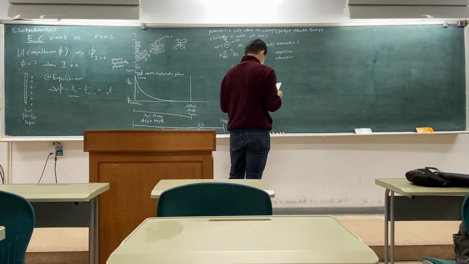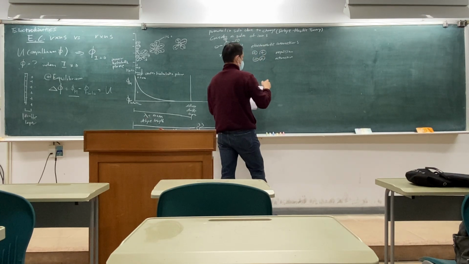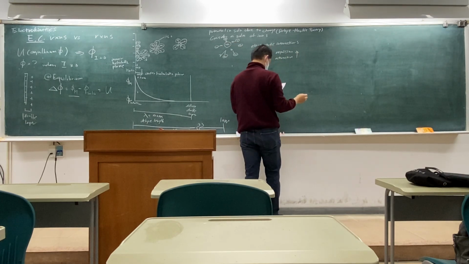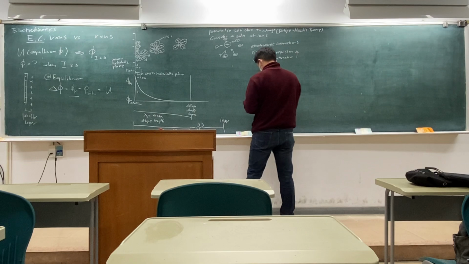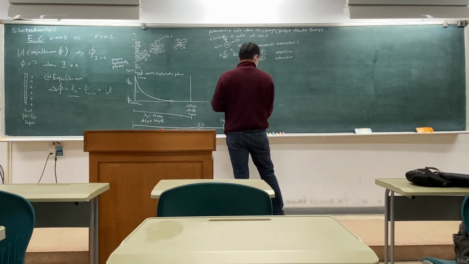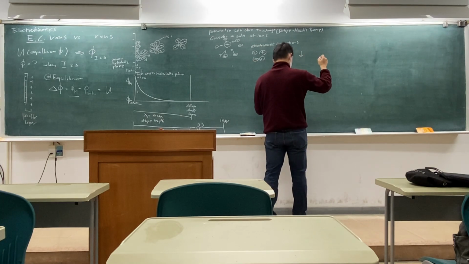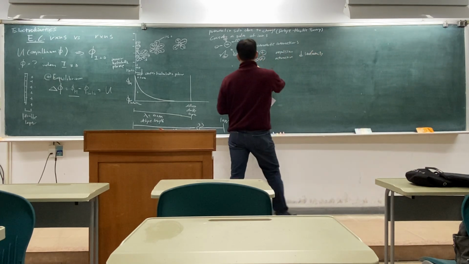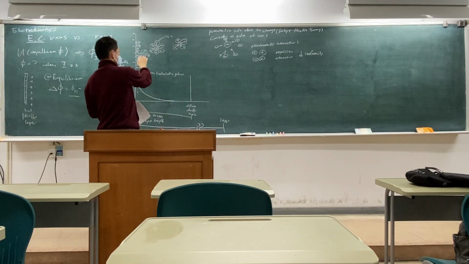So these electrostatic interactions will decrease uniformity. Okay? Because the negative charge is going to order around the positive charge like this, okay?